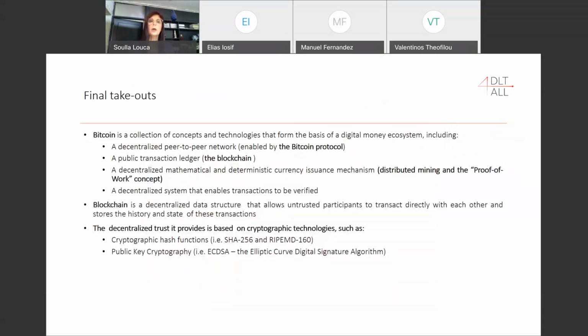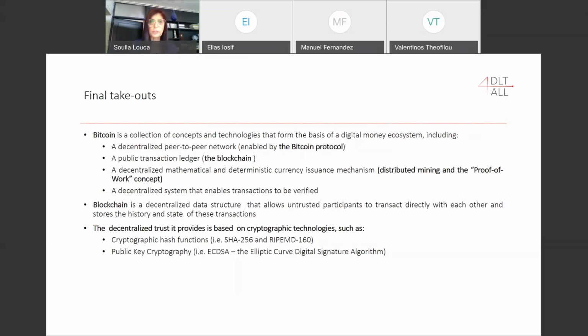In terms of Bitcoin, what we need to remember is that by the word Bitcoin, we refer to the whole concept and technologies that form the basis of the digital money ecosystem, that include this decentralized peer-to-peer network enabled by the Bitcoin protocol, a public transaction ledger, and a decentralized mathematical and deterministic currency issuance mechanism, distributed mining based on various consensus algorithms.